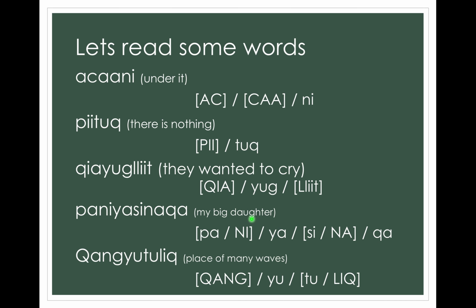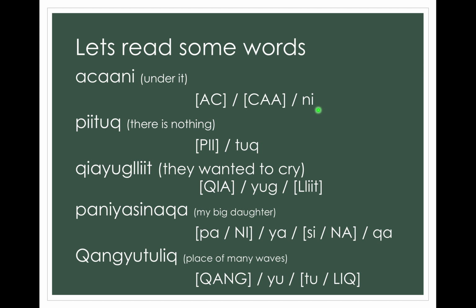Let's read some more words. Here's one that has gemination. Achani. So this one is a closed syllable, so it's not going to be lengthened. This one is stressed and open, so it does get lengthened.